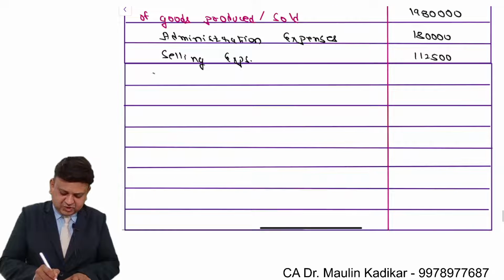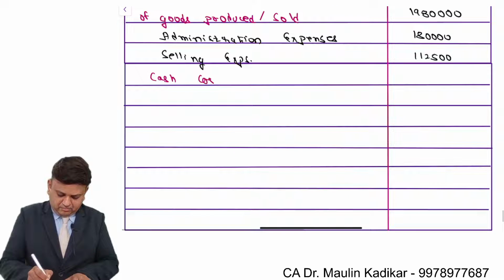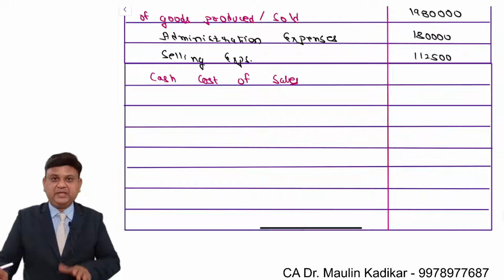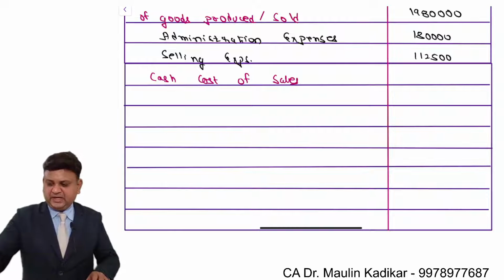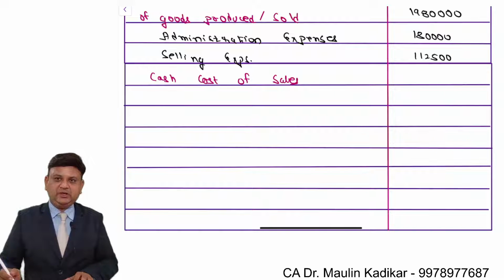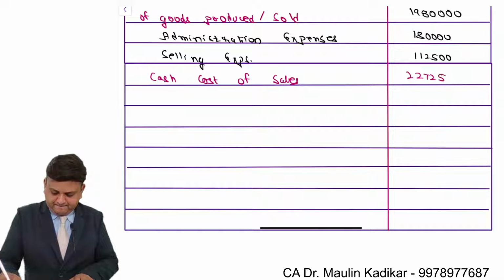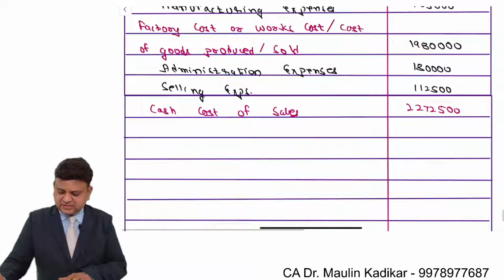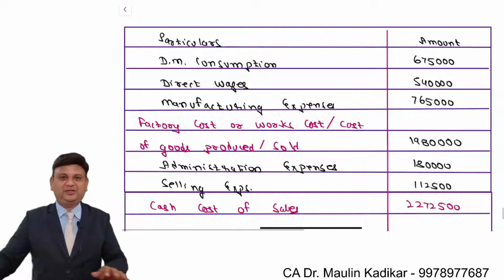That is cash cost of sales: 19,80,000 plus 1,80,000 plus 1,12,500, so 22,72,500. This is the way cash cost of the sales is calculated.